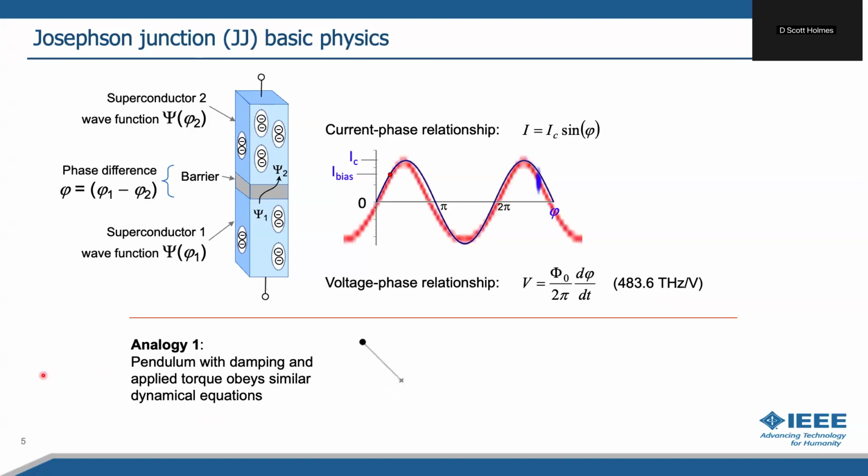And so if we run a little picture of this, the pendulum is matching the blue dot, the location of the blue dot on the current-phase relationship. And you'll notice that when the pendulum is at, I guess that would be the 9 o'clock position, that's like it's at the zero point.